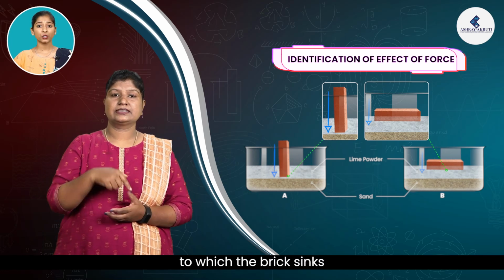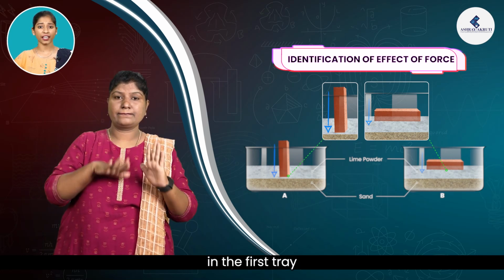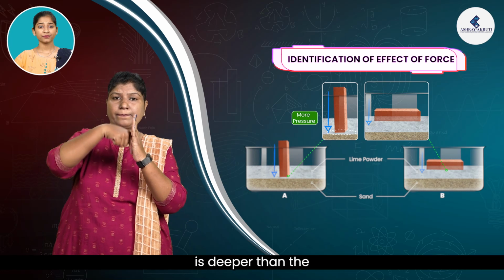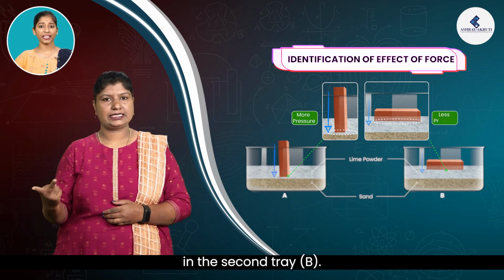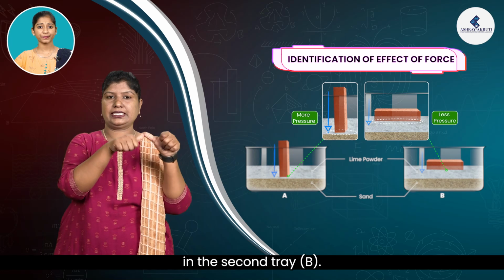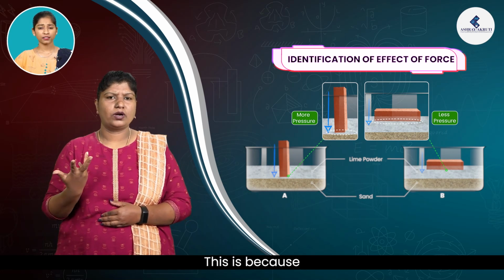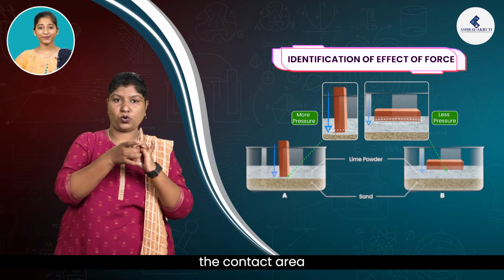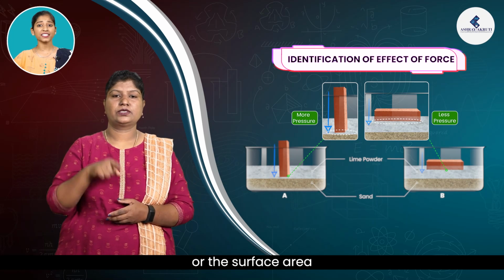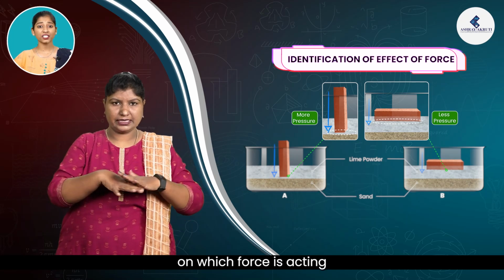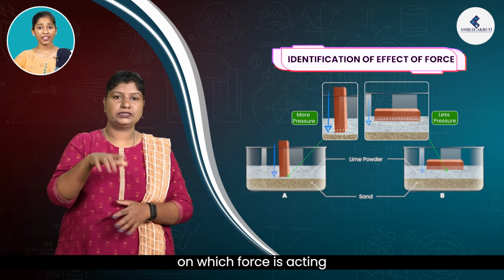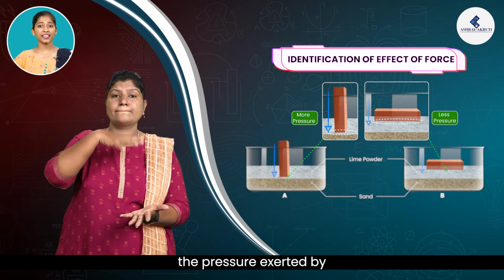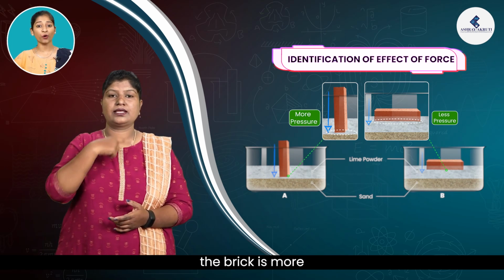The depth to which the brick sinks in the first tray, A, is deeper than in the second tray, B. This is because in tray A, the contact area or the surface area on which force is acting is smaller, and hence the pressure exerted by the brick is more.